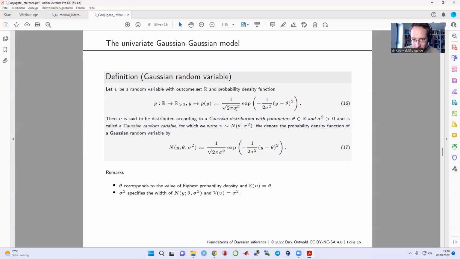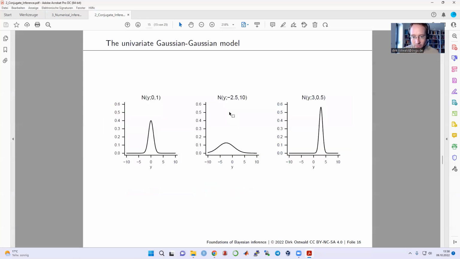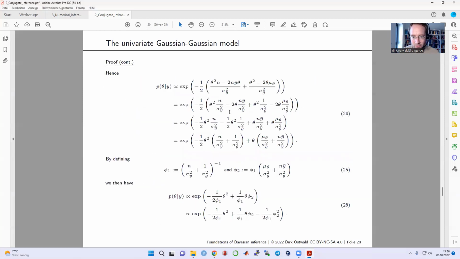So this is the normalization factor of the Gaussian. Its only purpose is that if you form the integral of this function from minus infinity to infinity, you get 1. Now, why didn't we have to integrate anything in our conjugacy models here?